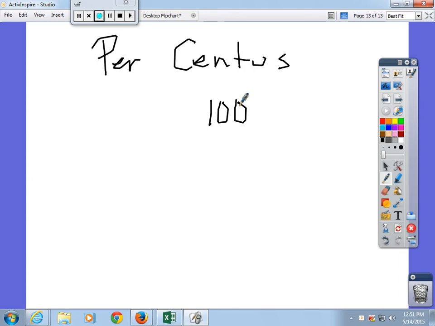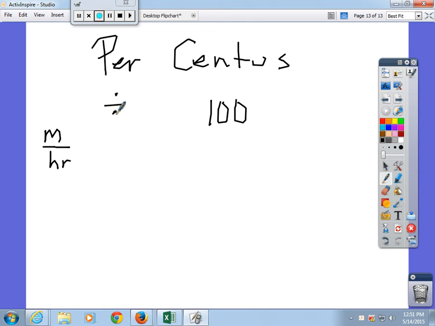What does the per mean? Which one is it? Per is division, because it's miles per what? Hour. So per means divide, right?